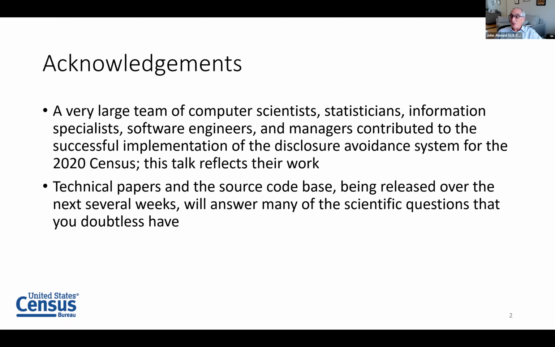I couldn't bring myself to single out a few for special recognition, but we are publishing papers over the course of the next several weeks with explicit author attributions, and so you'll be able to see who contributed large amounts to the source code database, which will be released, and the technical papers that explain how it works. That'll answer a lot of the questions that you doubtless have as well, and so I'm not going to even try to answer most of those today.